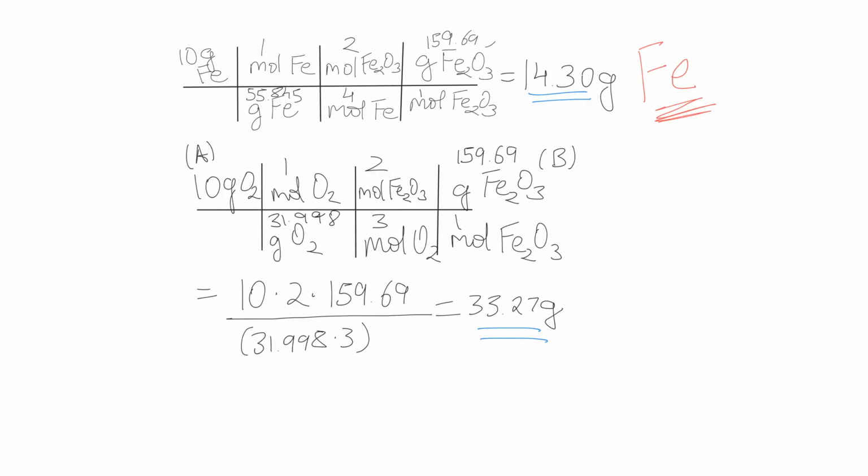We know that because 10 grams of iron gives us 14.30 grams of Fe2O3, but 10 grams of oxygen gives me 33.27 grams of Fe2O3, which means that if I were to take 10 grams of each reactant, so I have 10 grams of Fe, and I have 10 grams of O2, right?